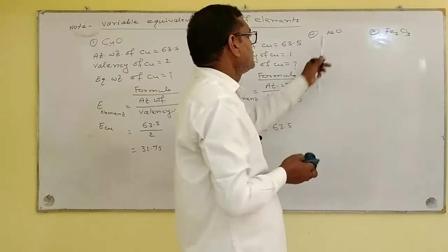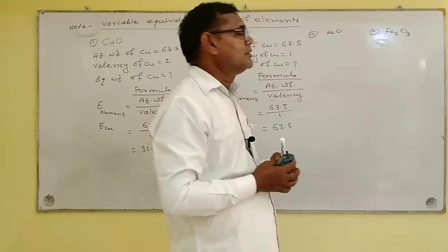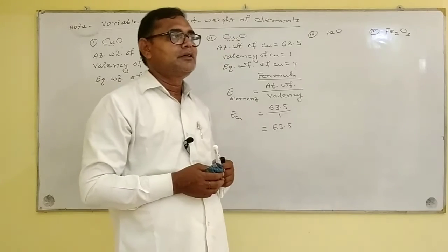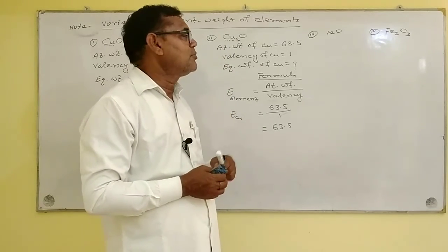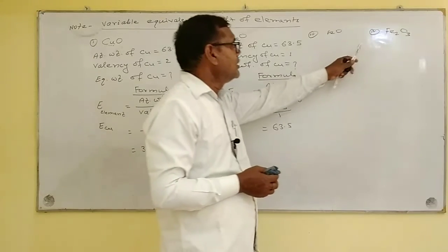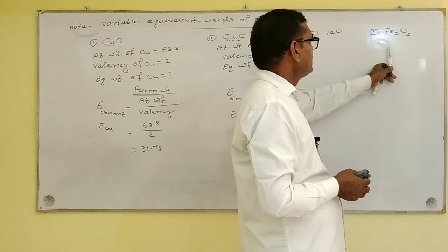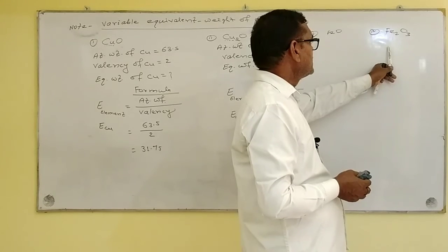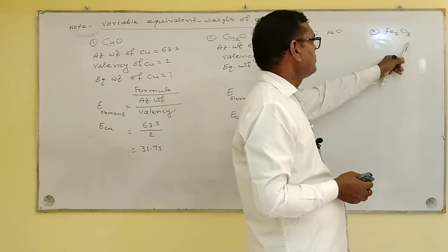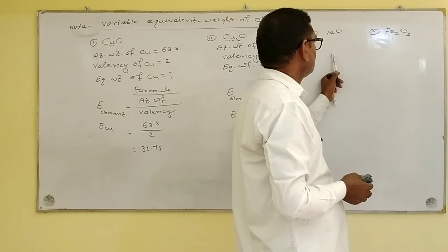In ferrous oxide, we write 55.5 upon 2. In Fe2O3, we write equivalent weight of Fe is equal to 55.5 upon 3.